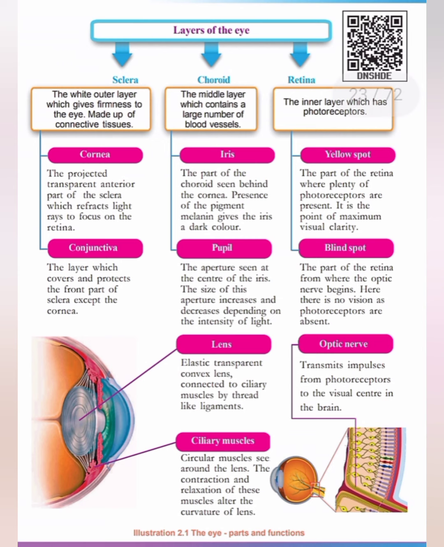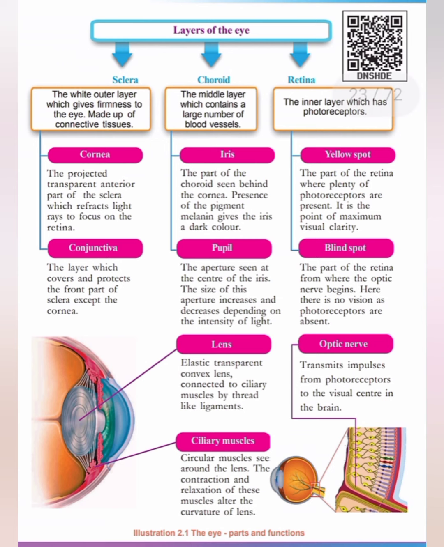It refracts light rays to focus onto the retina. Next part is the conjunctiva, the layer which covers and protects the front part of the sclera except the cornea. So the cornea is not covered by the conjunctiva. Now the story of the sclera is covered.